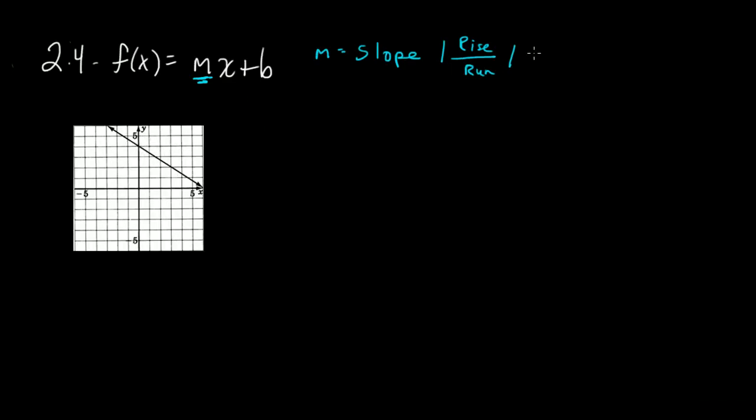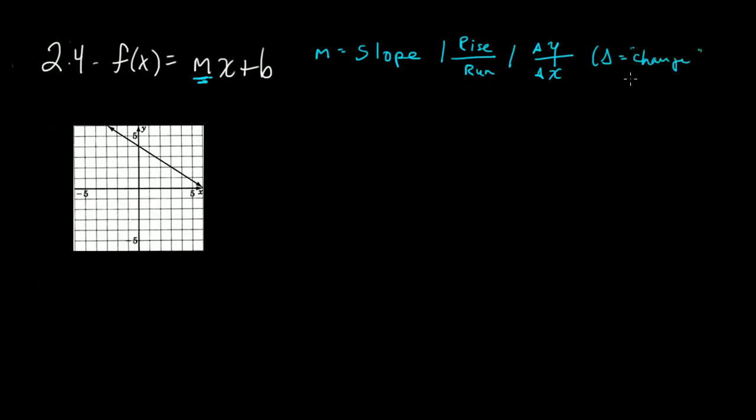So another way to look at it is to say it is the change of y over the change of x, where the Greek letter delta here is used to mean change.